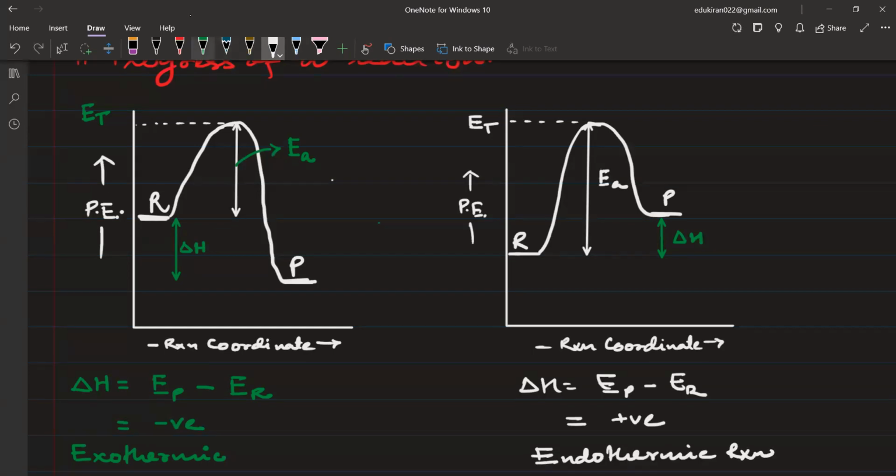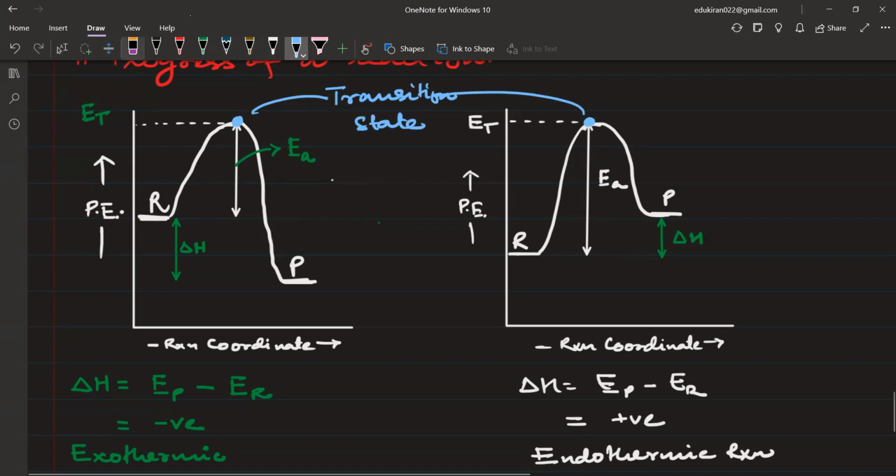Now, the highest point in both of these reactions, the point at which it attains the threshold energy, you will get a state which is known as transition state. So the transition state is the state in which the molecule is having the highest energy. That is your transition state.